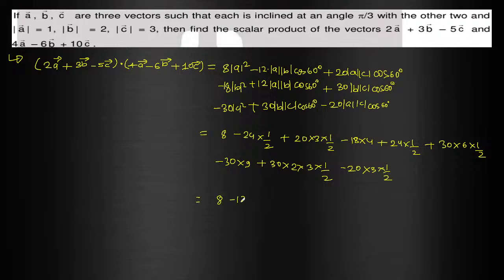This becomes 8 minus 12 plus 30 minus 72 plus 12 plus 90, 270 plus 90 minus 30; 30 cancels, 12 cancels; 180 minus 27, 270, 90 minus 90, minus 19, minus 162, minus 154. This is the answer.